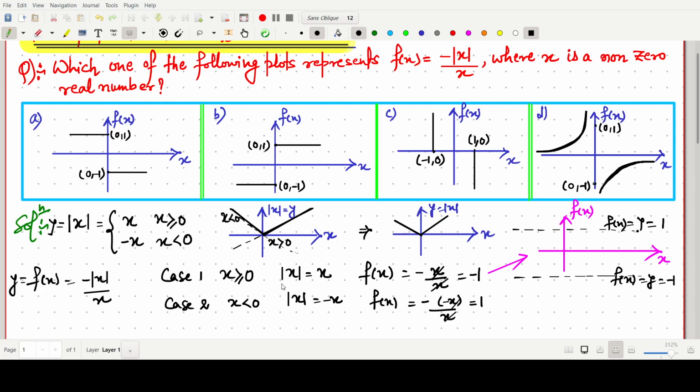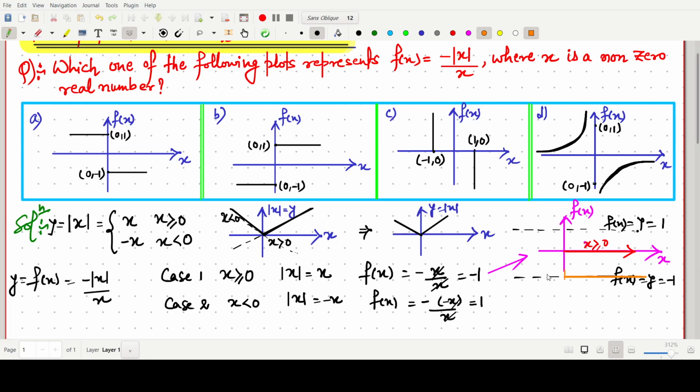Case 1: when x is greater than or equal to 0, this side, f(x) is minus 1, so this should be the graph.